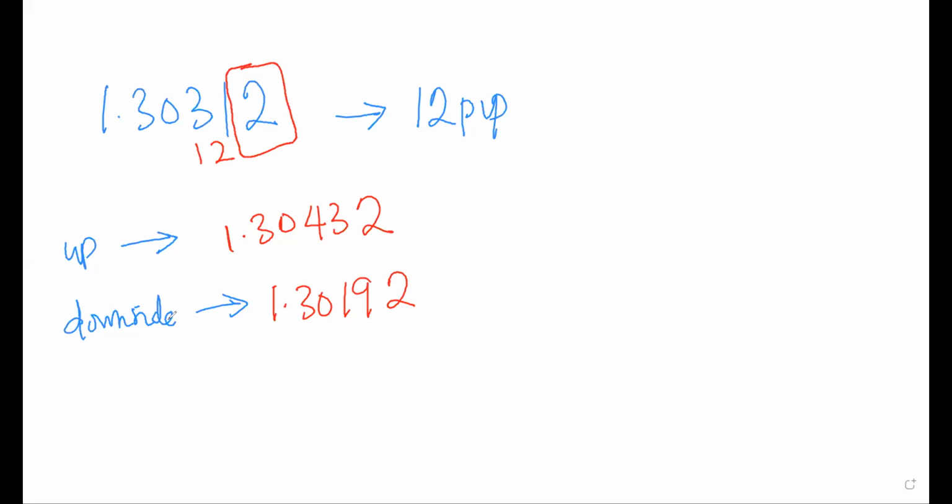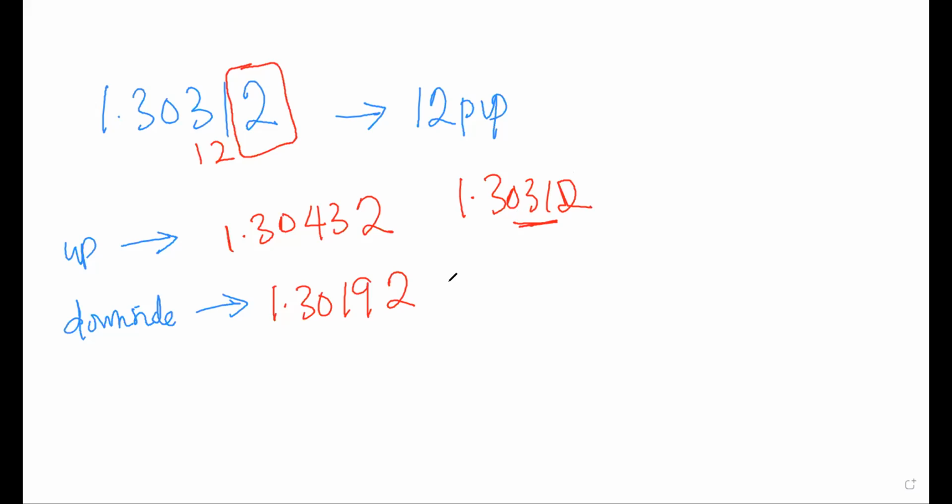The same thing applies if you're talking about 3 digits. You want to add 115 pips to 1.30312, for instance. Why is it 2? Now you're going to focus on 031 because you're adding 3 digits right now.